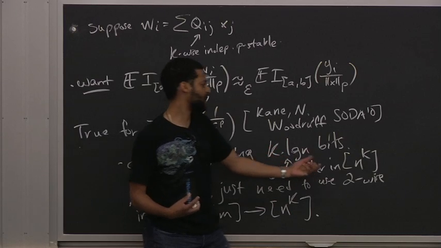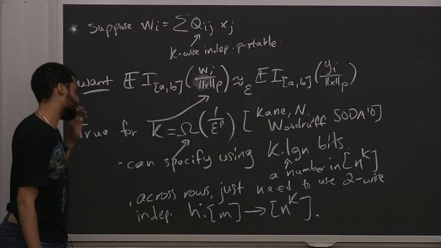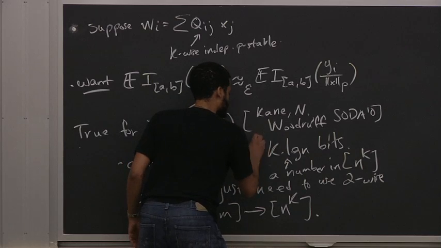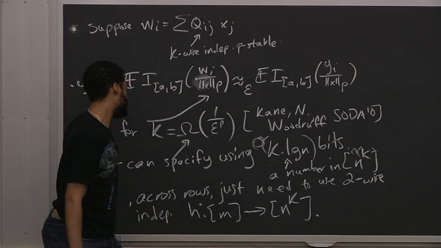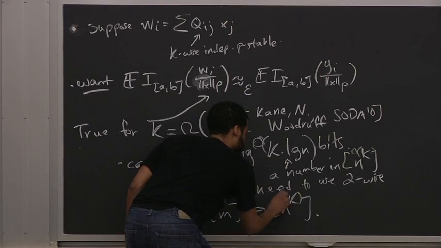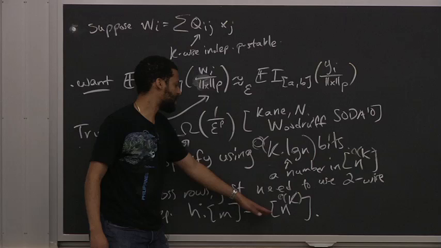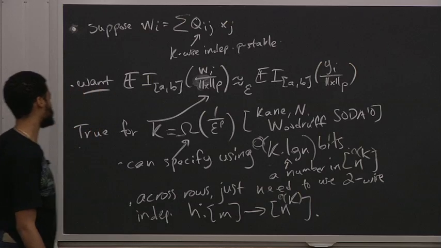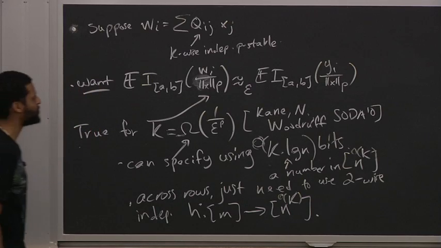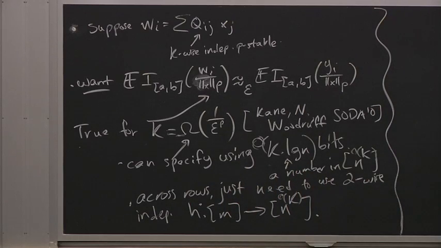Think of it as a number that's roughly n to the k. It's actually O of k log n bits, so it's actually going to be n to the O of k, but whatever. And now what we want is that each one of these rows has an associated n to the O of k number, right? So we just need a pairwise independent hash function. Okay, so good.